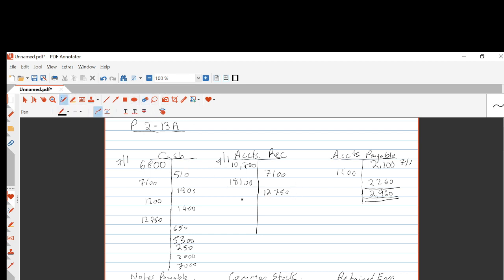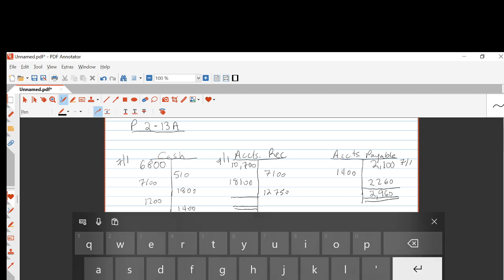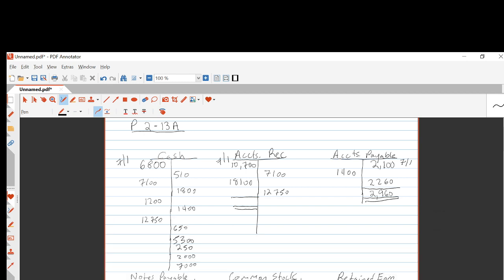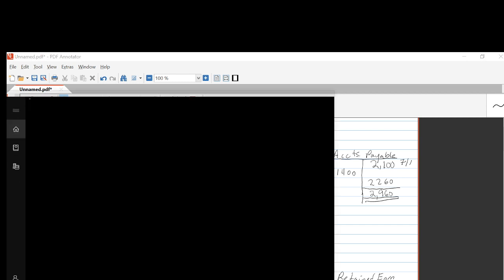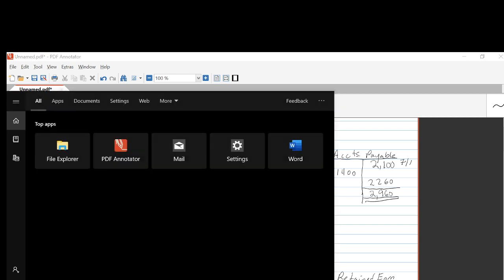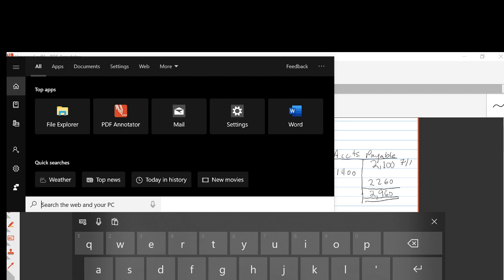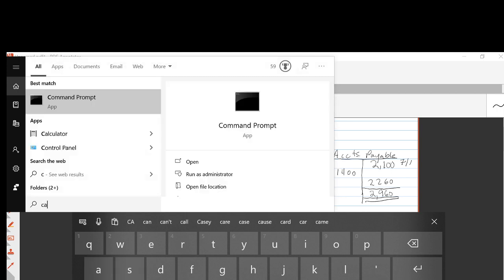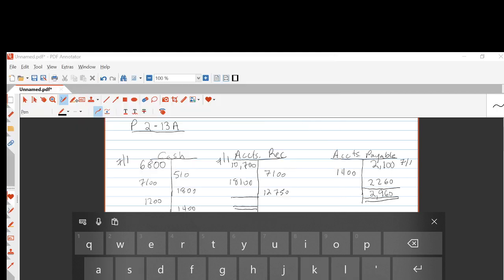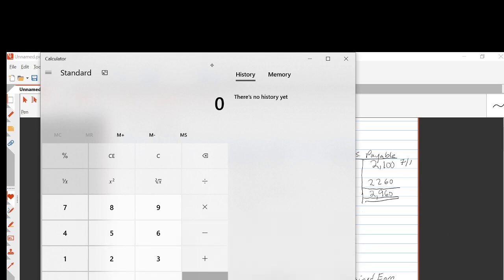However, for these two, maybe I'll just use a calculator to make it go faster and ensure that we don't make any mistakes. Here we go.